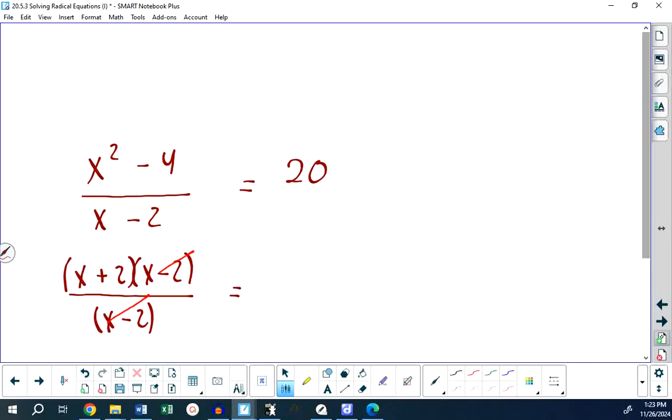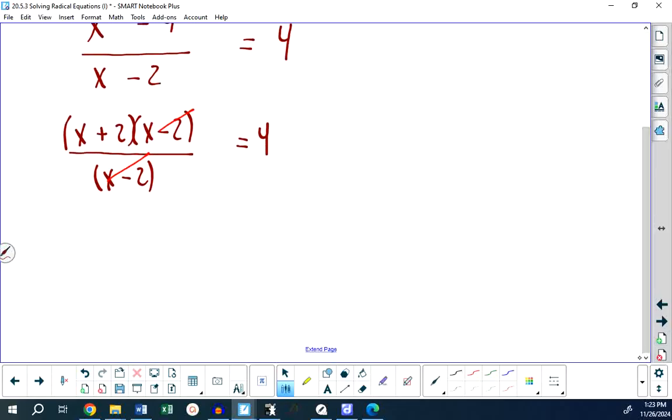We end up with this statement. And I don't want it to be 20, my mistake. I want it to be 4 is the number I want to use. So you end up with x plus 2 is equal to 4, which is elementary school stuff.